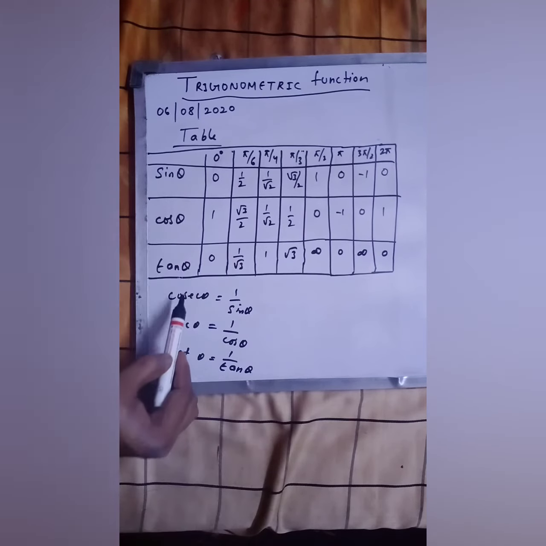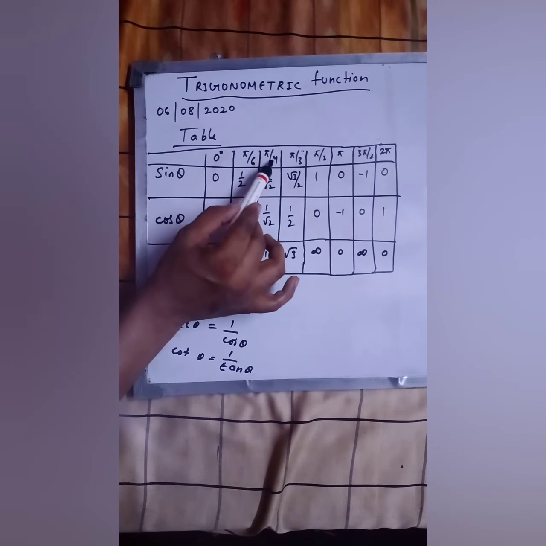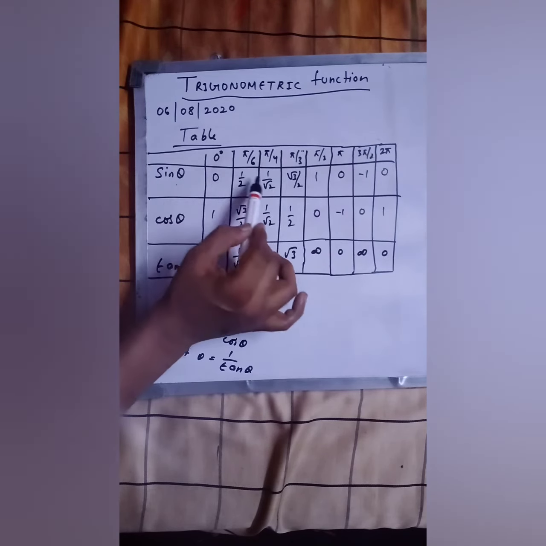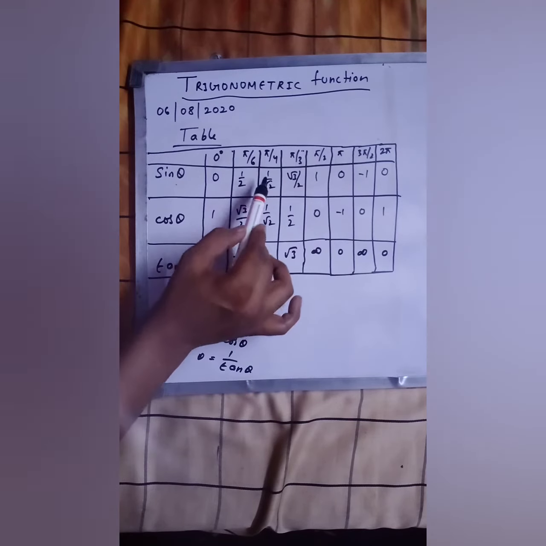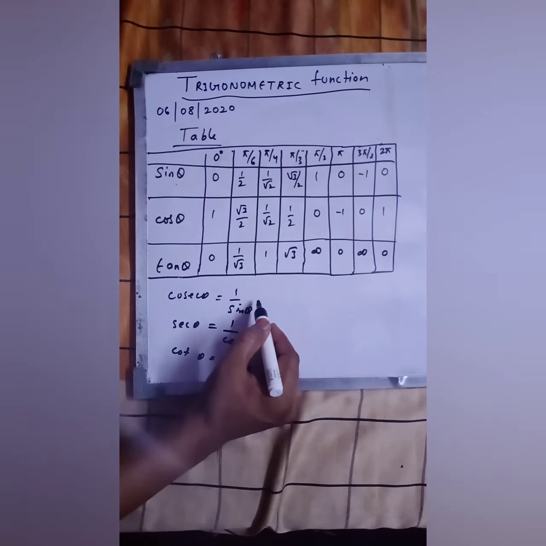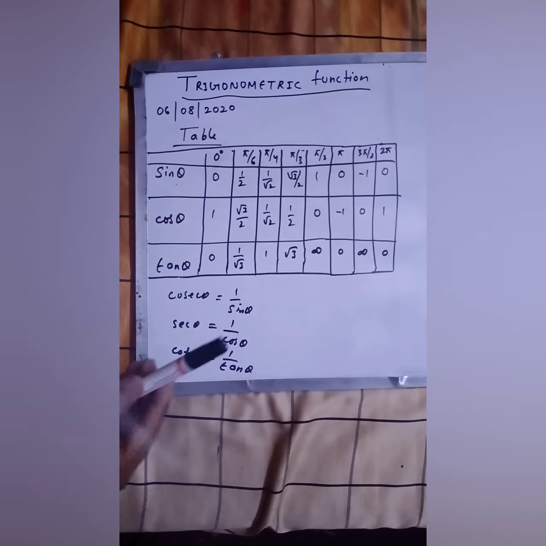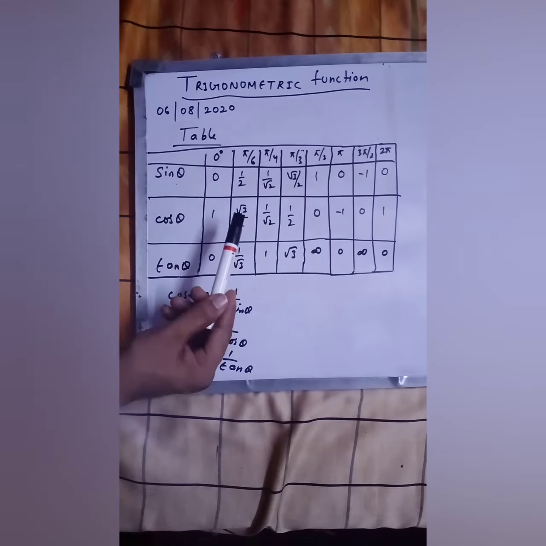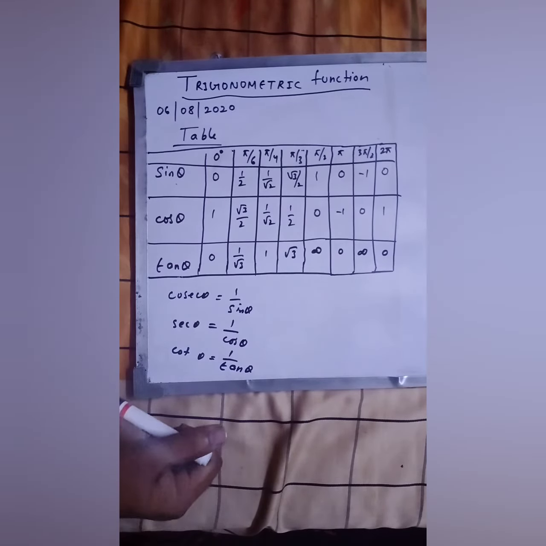Suppose we have to find out the value of cosec theta at pi by 4, that is 45 degree. Fine. So at pi by 4 the value of sin theta is 1 by root 2. So if you have to find out the value of cosec theta, that would be root 2 by 1. Fine. So this is how you can find out the value of other trigonometric functions.